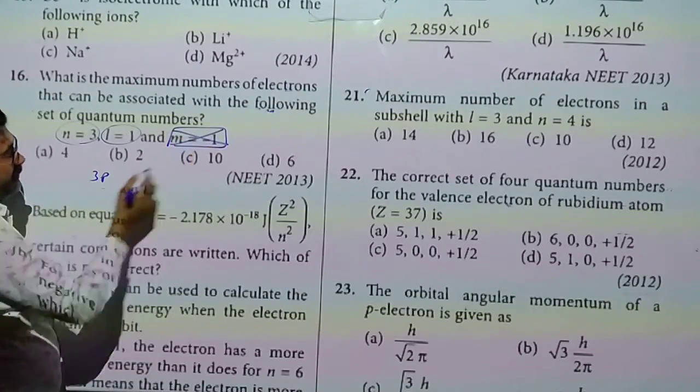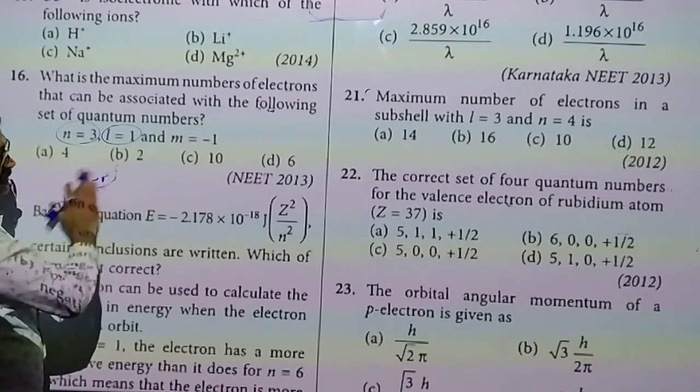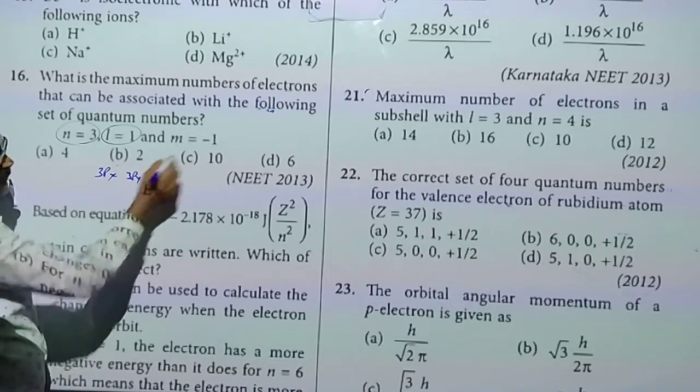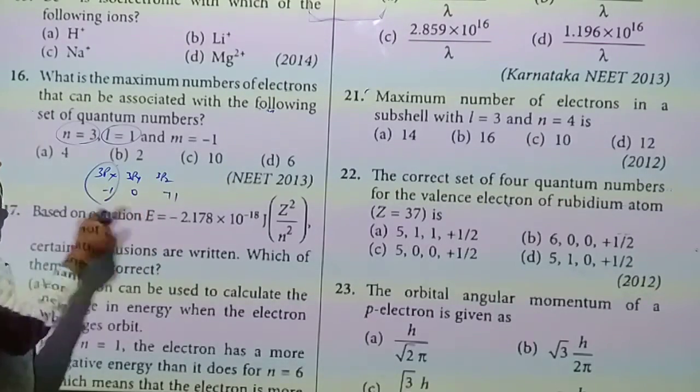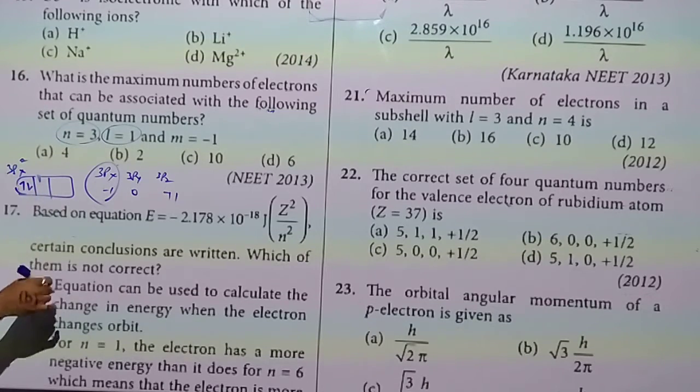If m were not given, 3p has a total of 6 electrons, but m is given. So out of 3p, any one only, the 3px. So the capacity of 3px, maximum electron capacity, will be 2. So 2 is our answer.